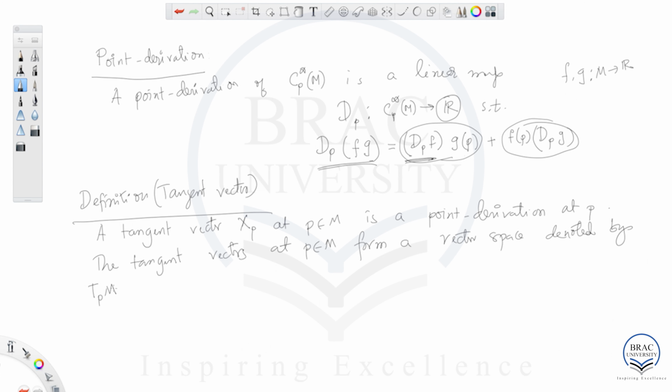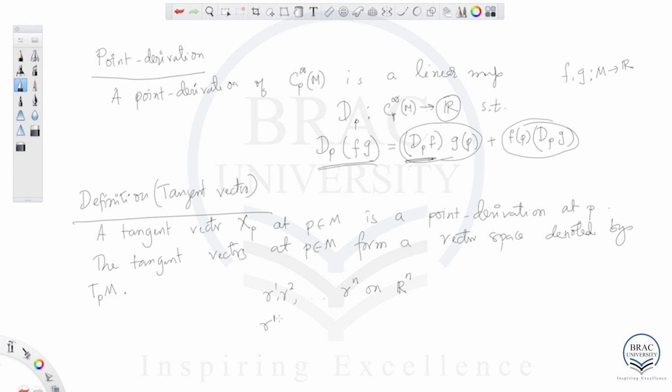Now we learned towards the end of lecture 4 that given the standard coordinates r1, r2, all the way up to rn on R^n, how are these functions defined?